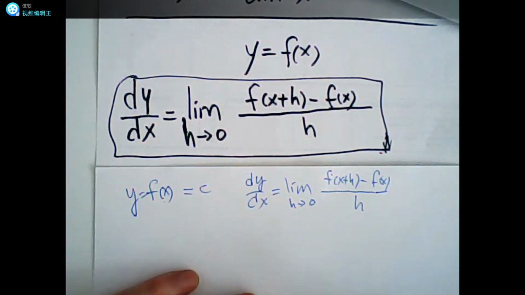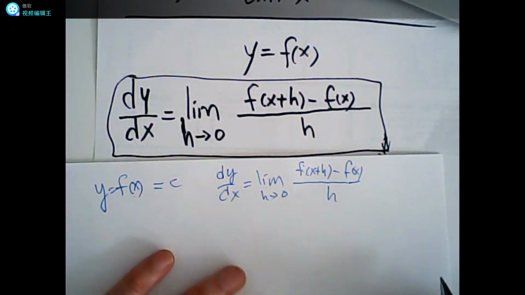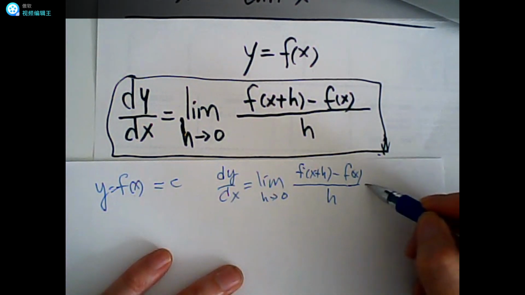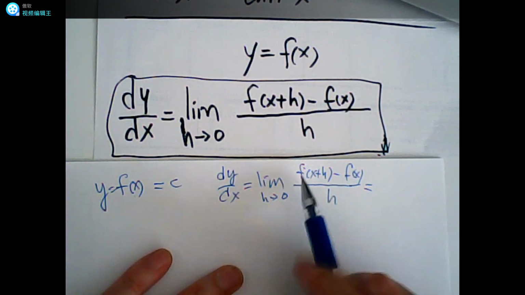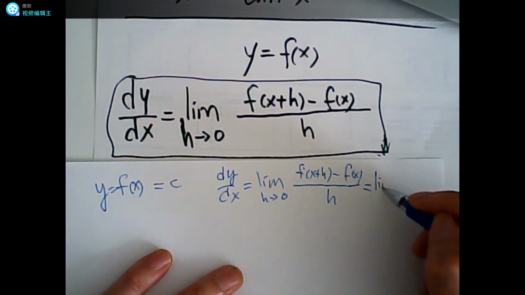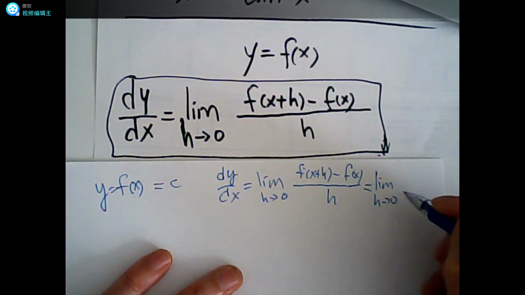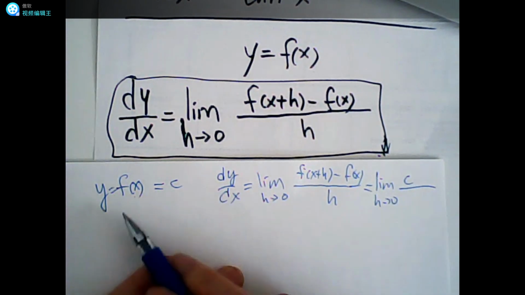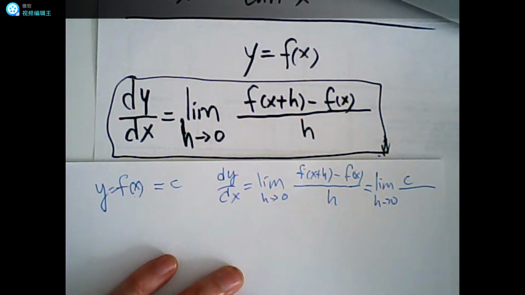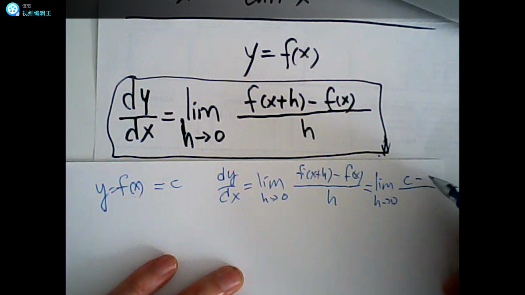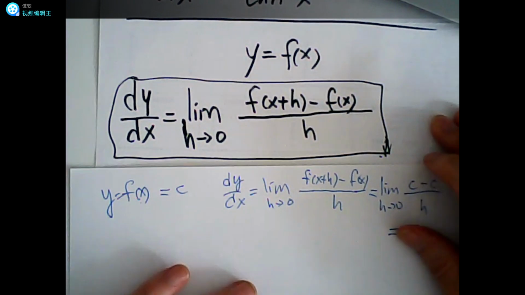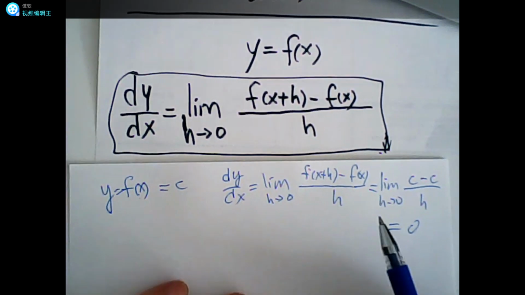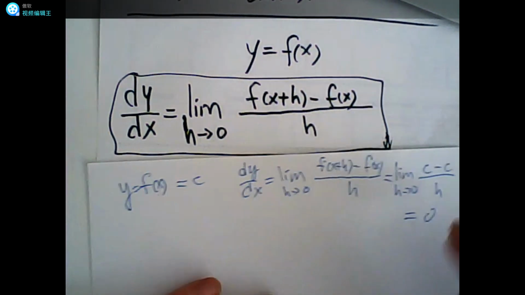So this is the definition of a derivative. This function is equal to c, right? Because a constant function for any value of x is c. So this is also c, minus c, over h. So this is equal to 0. All right, that's easy. For a constant, the derivative equals 0.